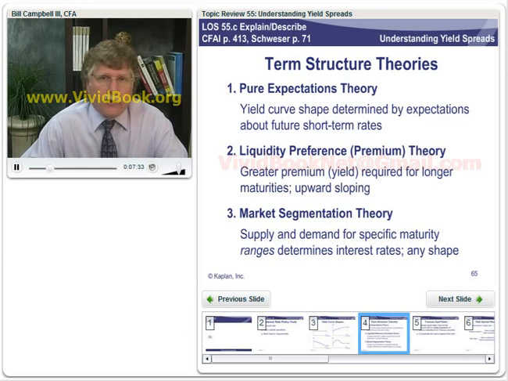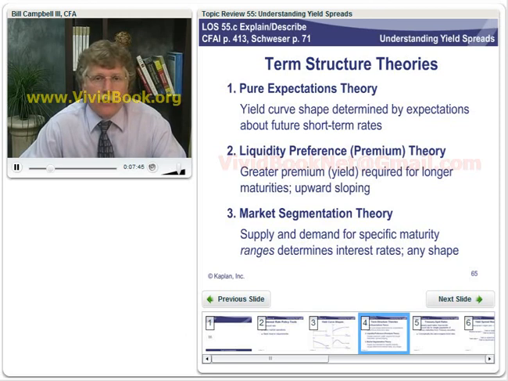So the pure expectations theory would say that the 1 year rate that we have starting a year from now is our best indication of what we think the 1 year interest rate, the 1 year spot rate, will be when we move a year into the future.